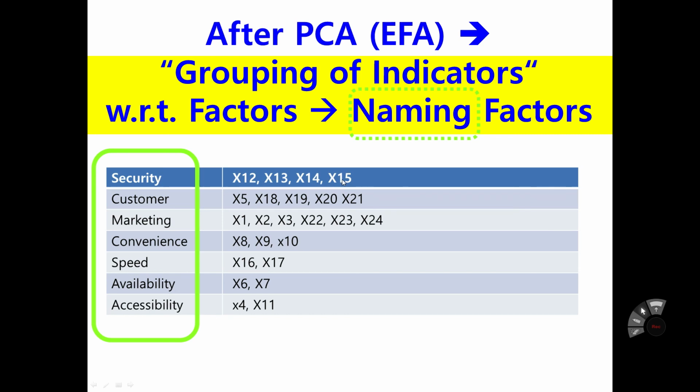As a researcher, I will name that security. The second factor I will name customer. The third factor I will name marketing, something like that. So let me ask you, who will name the factors? The answer: researchers.